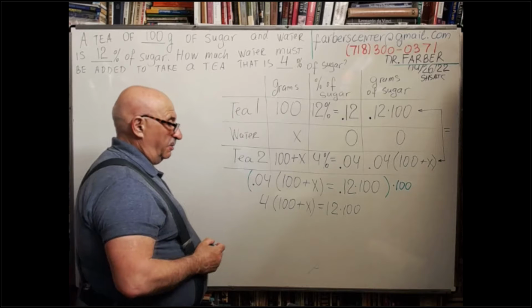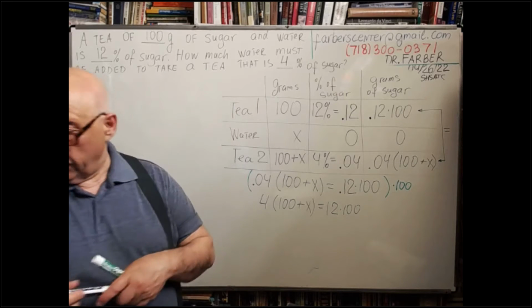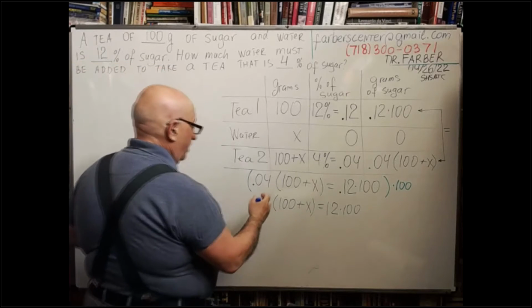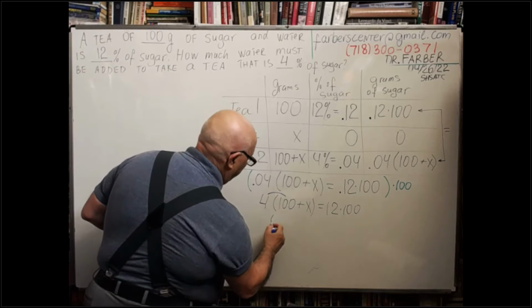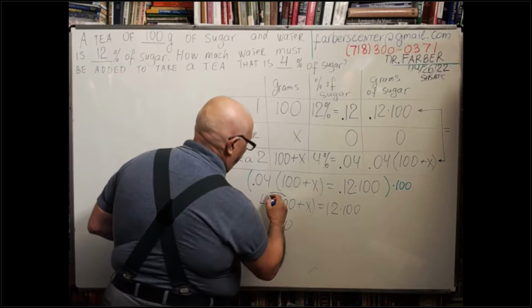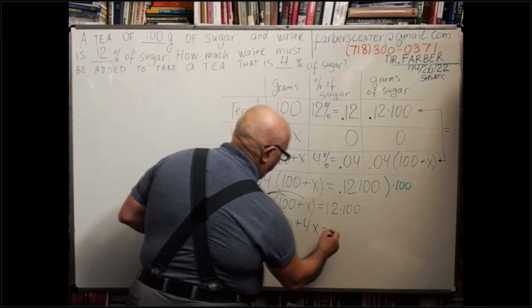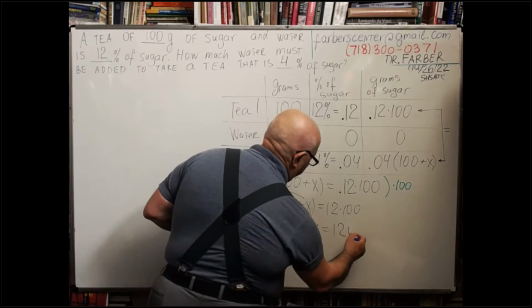Or use distributive property. I take different color. This one, different marker. 4 times 100, 400, plus 4x equals to 1200.